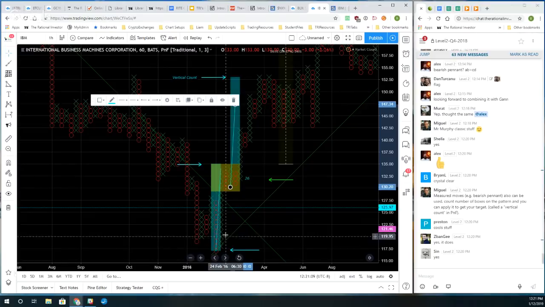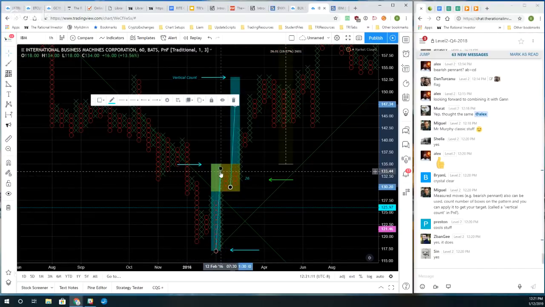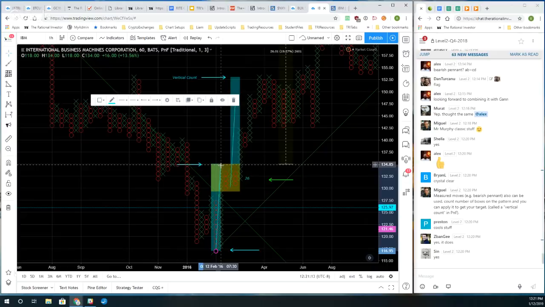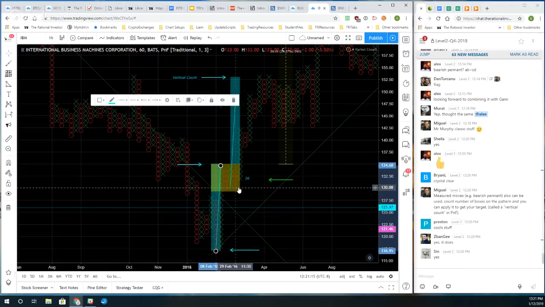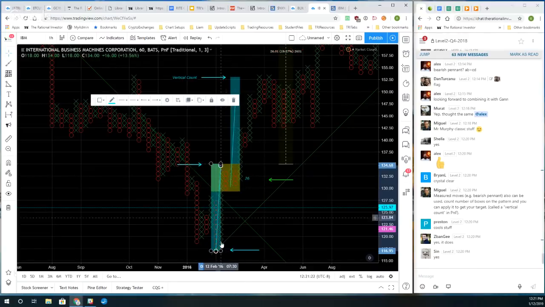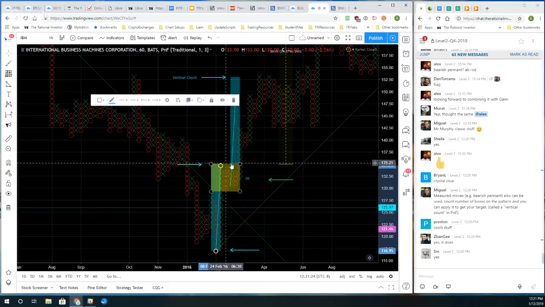Think more flagpole than AB equals CD. Because AB equals CD actually sort of shortchanges the vertical count a little bit in that it would start its count off at the lows, but the vertical count wants to start the count from wherever the breakout or apex of this consolidation is.